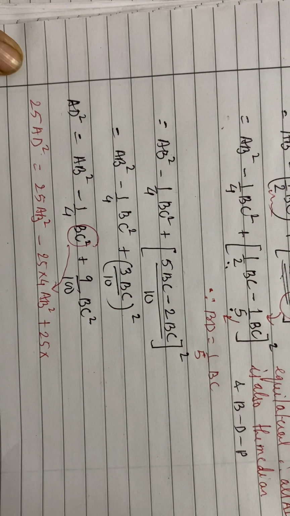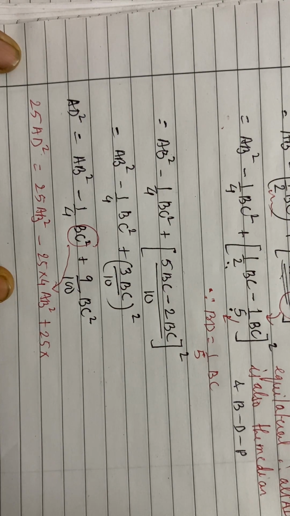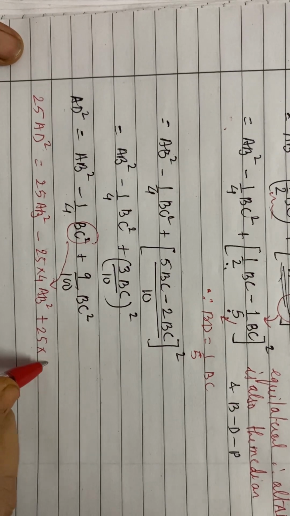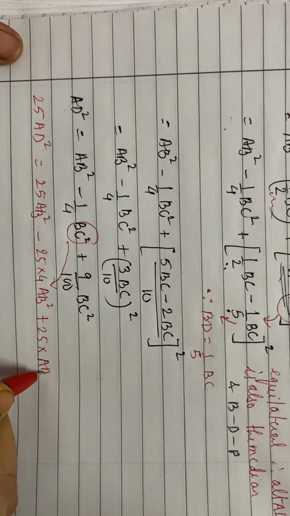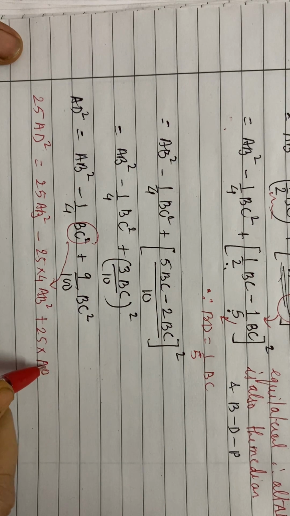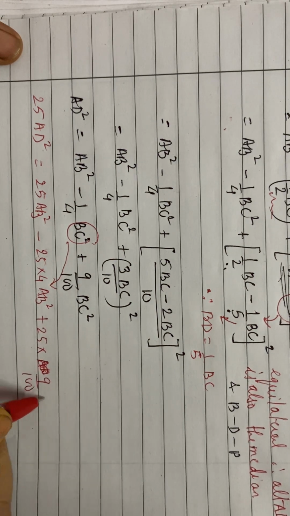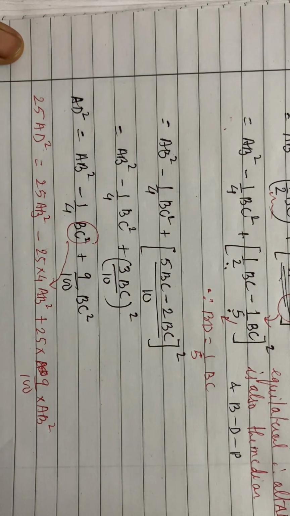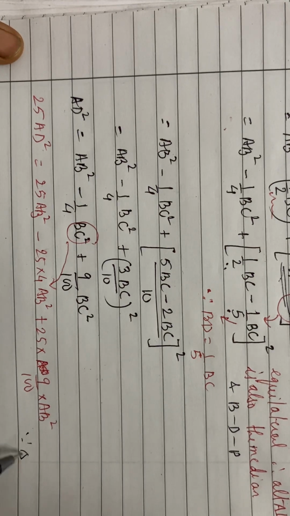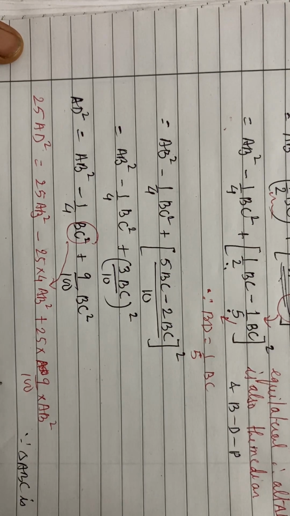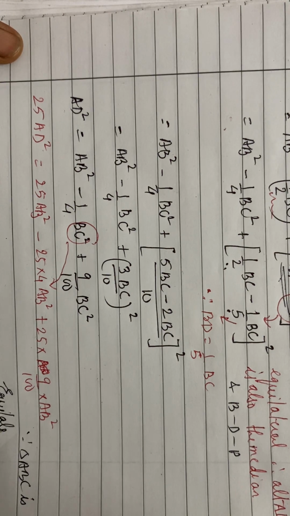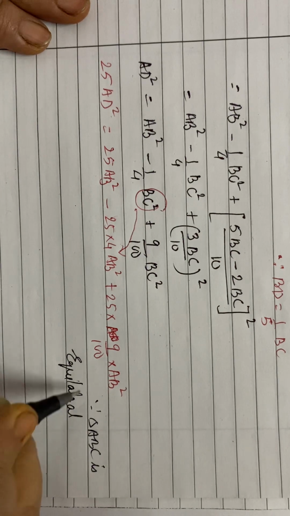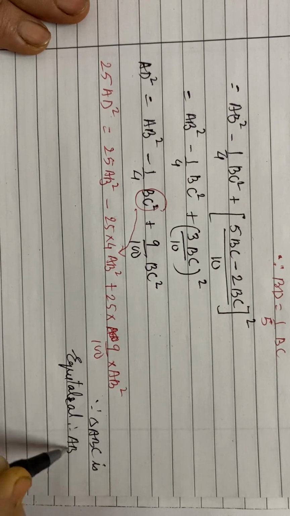I am doing two things at a time. I am multiplying the equation by 25 and I am changing this BC to AB since triangle ABC is equilateral. So 25 times 9 upon 100 into AB square. So you can give the reason here, since triangle ABC is equilateral, therefore AB is equal to BC.